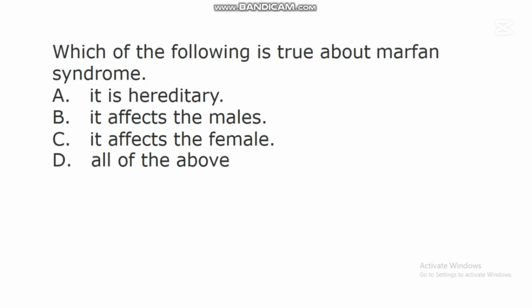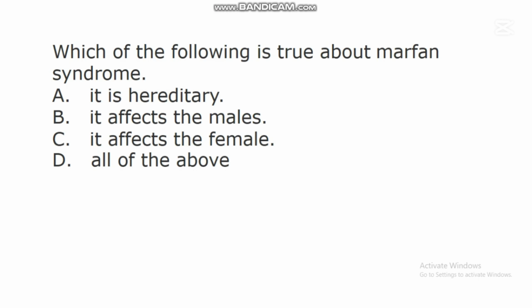The next question says, which of the following is true about Marfan syndrome? A. It is hereditary. B. It affects the males. C. It affects the female. D. All of the above.